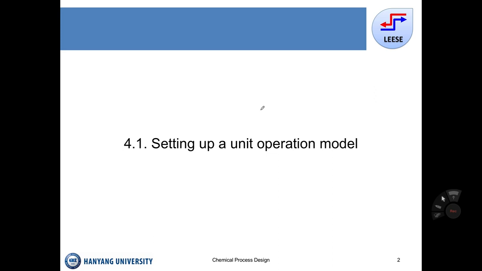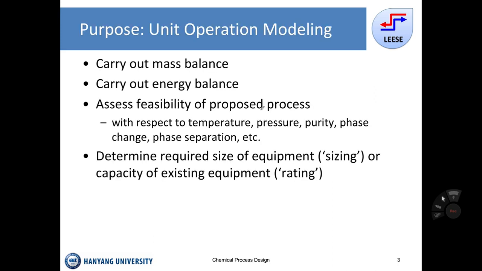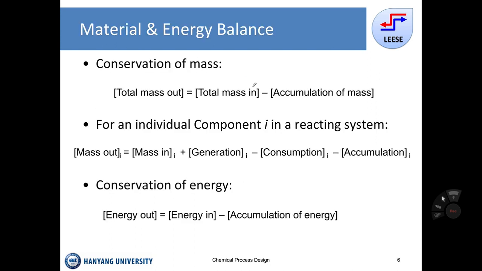So we need to set up the unit operation model by having the mass balance and the energy balance. You are probably familiar with the mass balance and the energy balance. For example, conservation of mass is given by total mass out equals total mass in minus accumulation of mass.